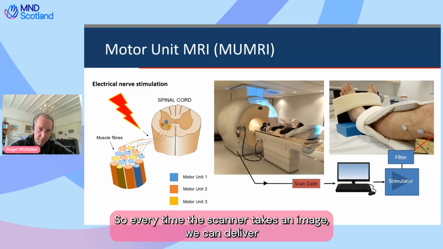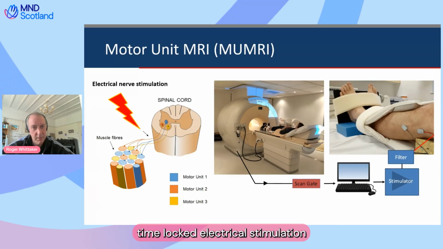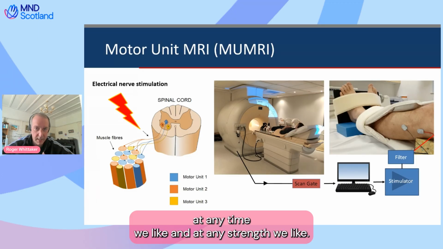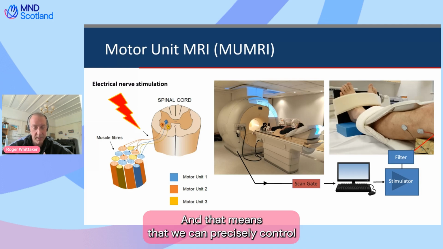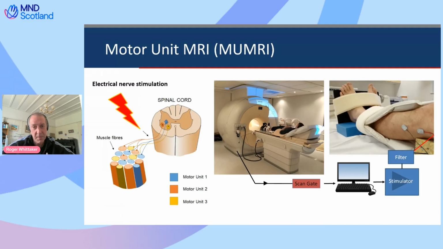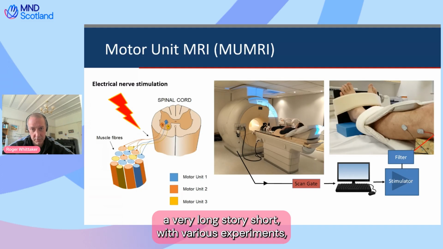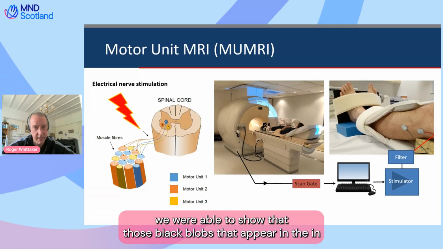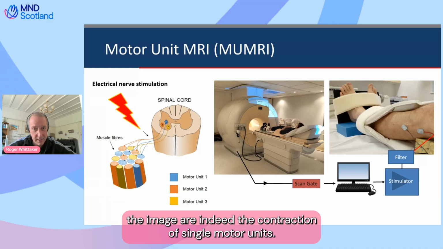So every time the scanner takes an image, we can deliver time-locked electrical stimulation at any time we like and at any strength we like. And that means that we can precisely control when those motor units are activated. And to cut a very long story short, with various experiments, we were able to show that those black blobs that appear in the image are indeed the contraction of single motor units.